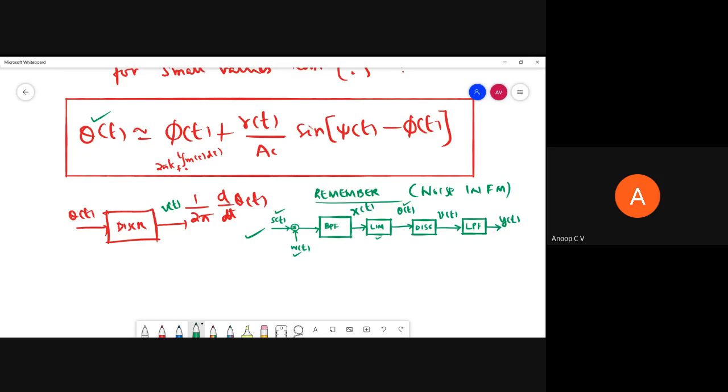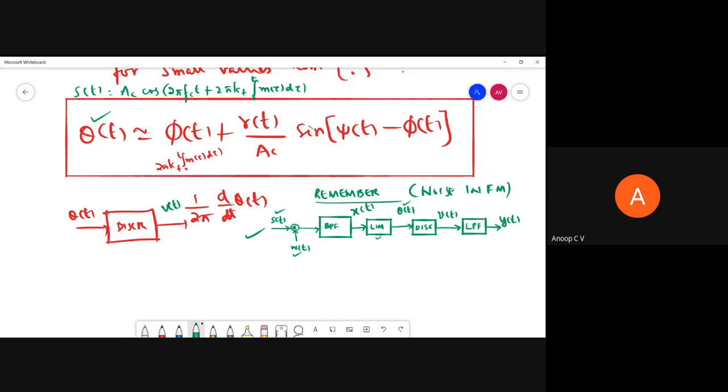But before that, we'll have a quick recap. I believe you have the notes with you. In that, phi of t is nothing but the phase of our s of t. We have represented s of t as A_c cos(2 pi f_c t plus 2 pi k_f integral 0 to t m of tau d tau).